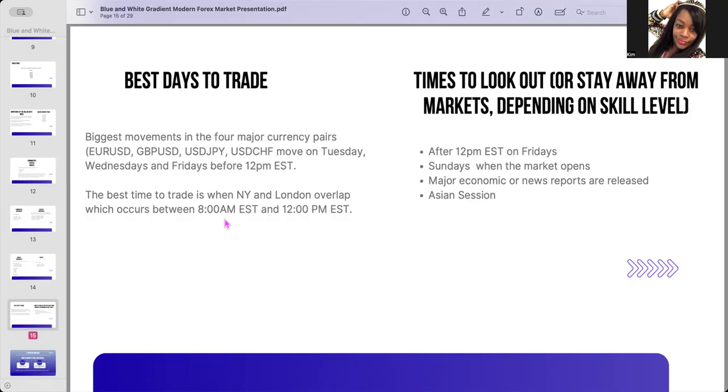Why? Because when the market opens on Sundays, it's going to pretty much consolidate. And if you know anything about consolidations, you're looking at the candles doing the same thing for 1 hour, 2 hour, 3 hour.